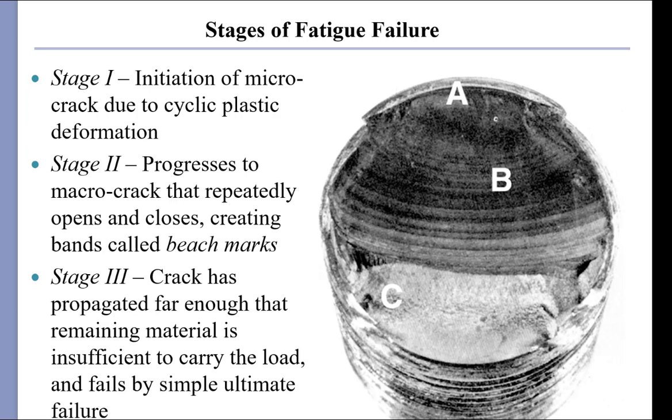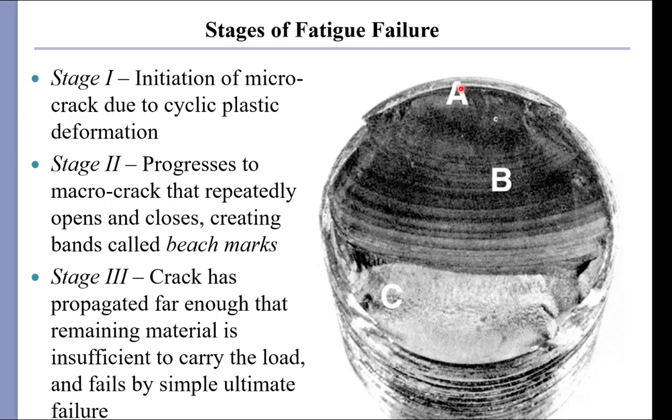If we were to look at a failed component, we would note some very characteristic features on that component. The first thing to notice is these interesting marks, these lines, which have a radius of curvature that point back to the initiation site of the fatigue failure. So what happens is you cyclically load something, and the vast majority of the cycles are taken up in initiating a sharp crack.